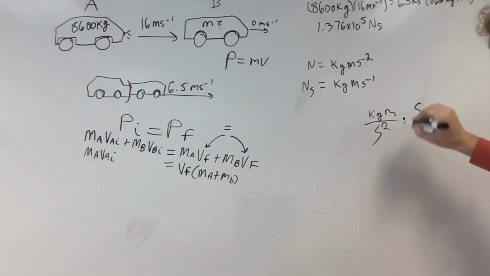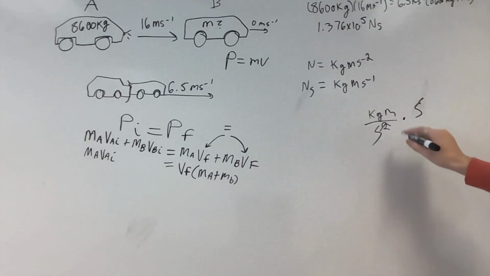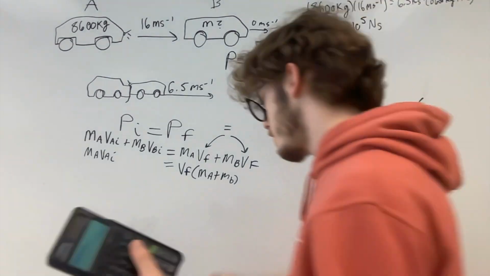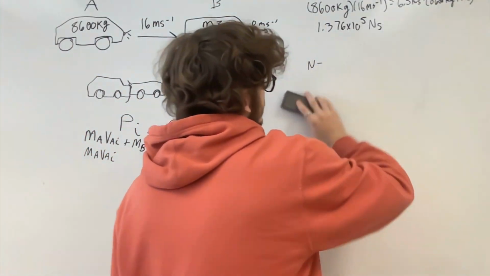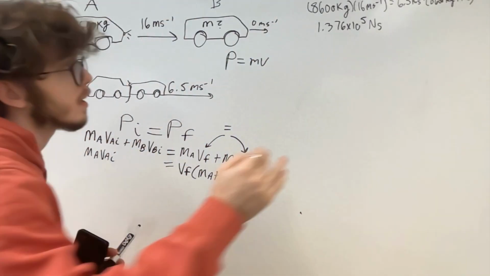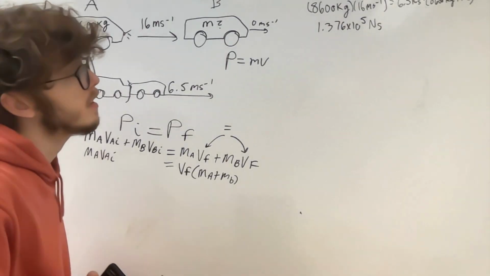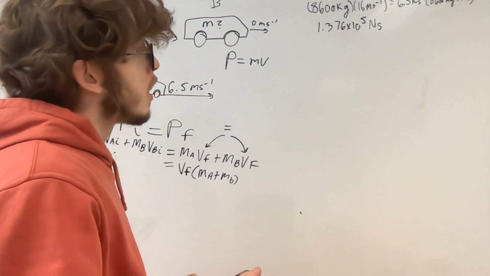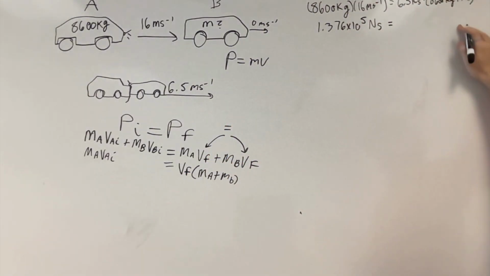If I multiply it by a second, one of the seconds cancels out, and we're left with a kilogram meter per second, which is a Newton second. So hopefully that idea makes sense of why our units are in Newton seconds, right? You could obviously put it as kilograms times a factor of velocity. That's also fine. But moving on, we're going to multiply this out to each term respectively, right?